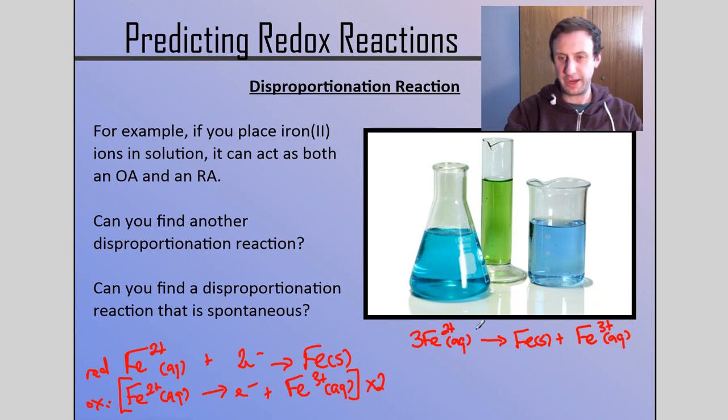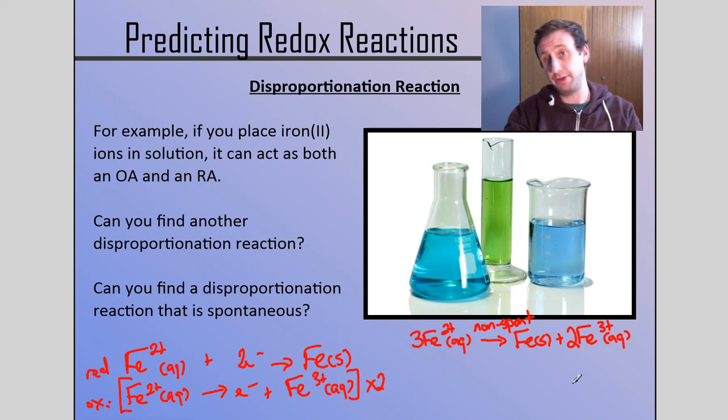Now this is very much non-spontaneous. It doesn't happen, but again, as you'll learn later, we can actually force it to happen. I messed up here. This needs to have 2 right there. So now it works out for charge because 3 times 2 is 6 positive, 2 times 3 is 6 positive. But this would be a disproportionation reaction because the same thing is both oxidized and reduced. So kind of neat.